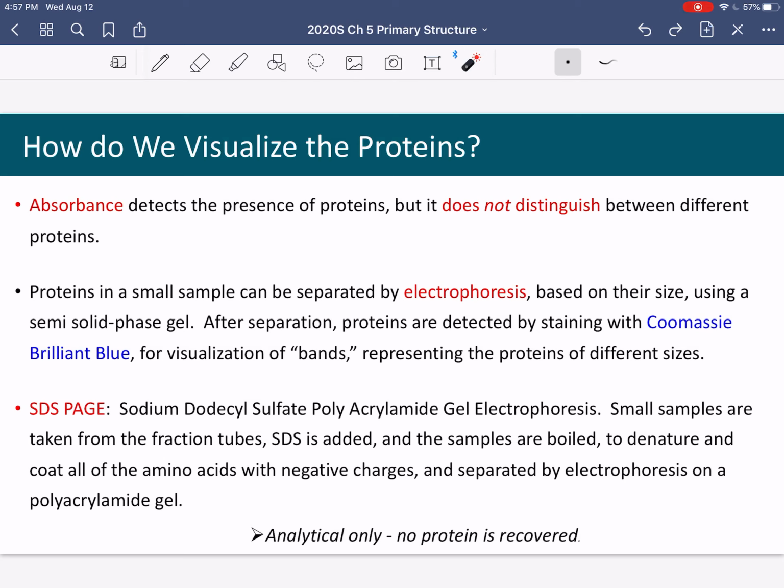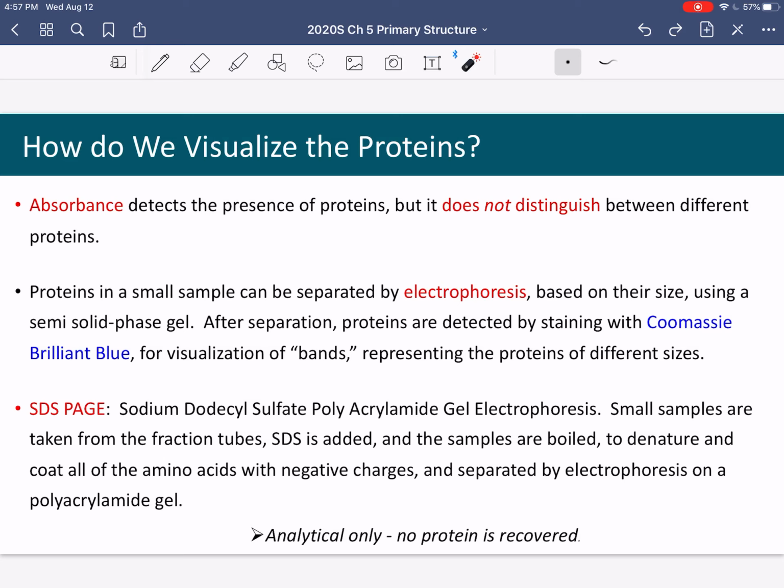In order to separate proteins and really see how clean they are, how contaminated they are, we use something called electrophoresis. Now, electrophoresis is an analytical tool like an assay in that you sacrifice a small amount of your sample to the assay and you don't recover it at the end.